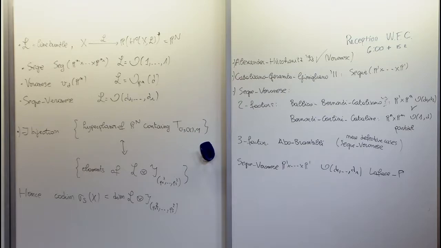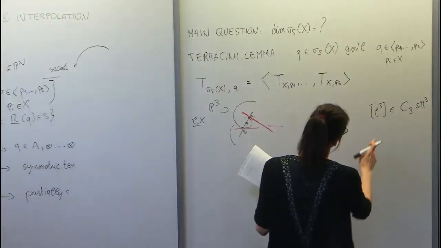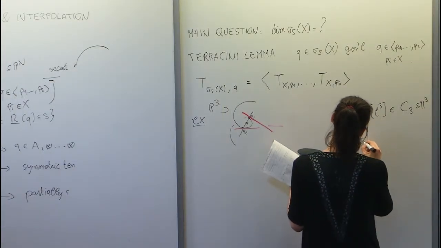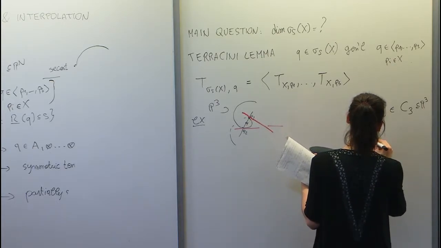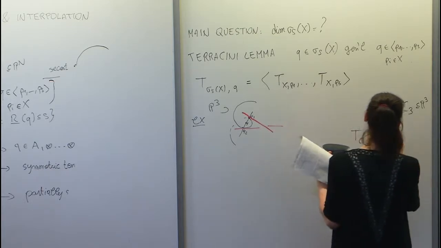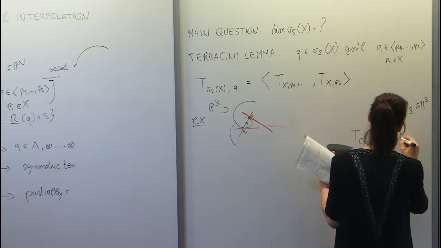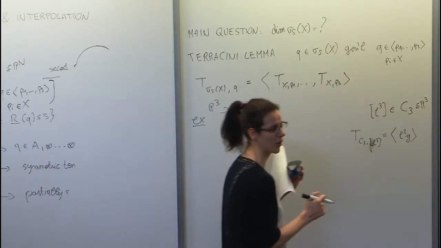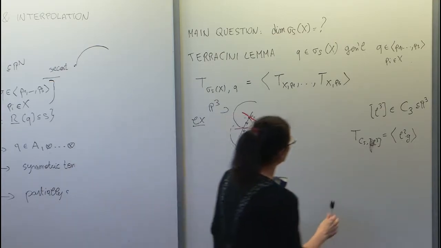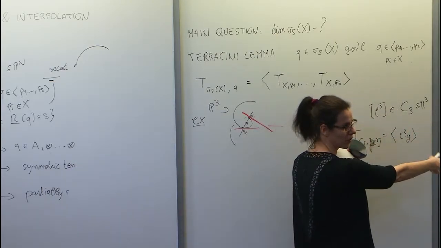So if L to the 3 is my element on C3, the twisted cubic in P3, then the tangent space at that point is given by monomials of the form L to the 2 times G, some other stuff. And then you want to do it for more points, for instance for 2 points in this case.